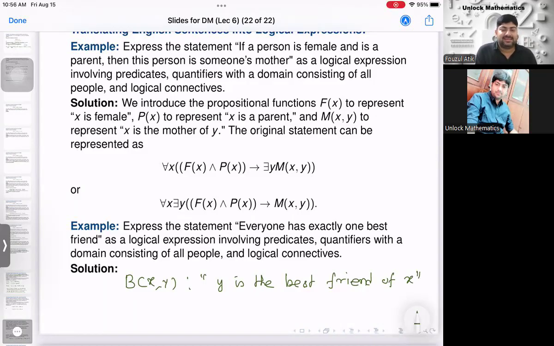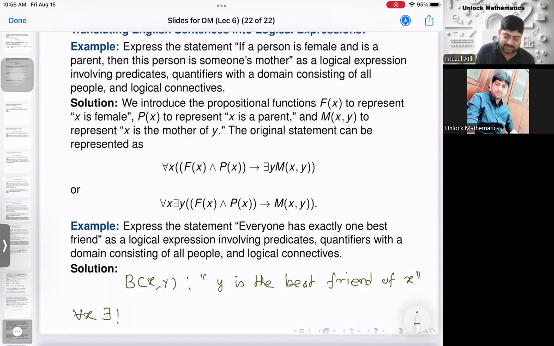So everyone has exactly one best friend means exactly once. Have you heard these things in some quantified expression? Yes, you have to involve the uniqueness quantifier. How do you do that? This is true for everyone, right? So for every person x, for all x, there exists a unique best friend. This is the uniqueness quantifier.